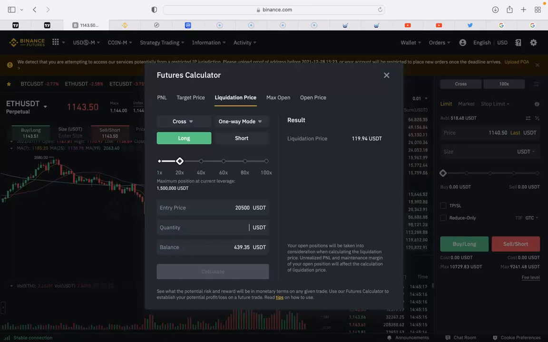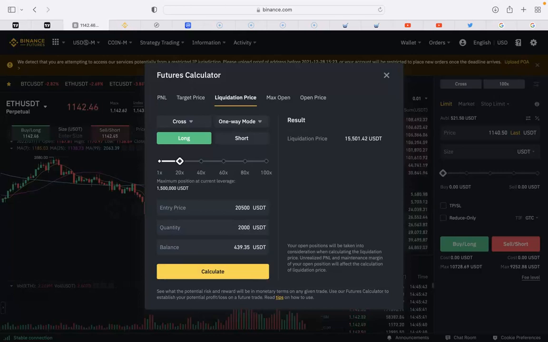Some people have $500 in their account and they want to risk $200. So let's increase this to 2,000. Let's say you want to risk $100. 100 times 20 is 2,000, because you always use your risk multiplied by the leverage.